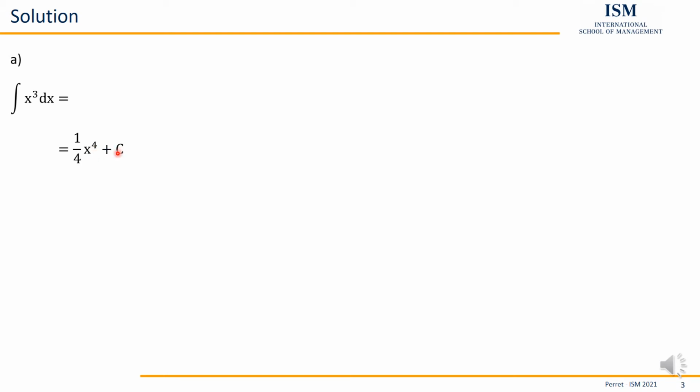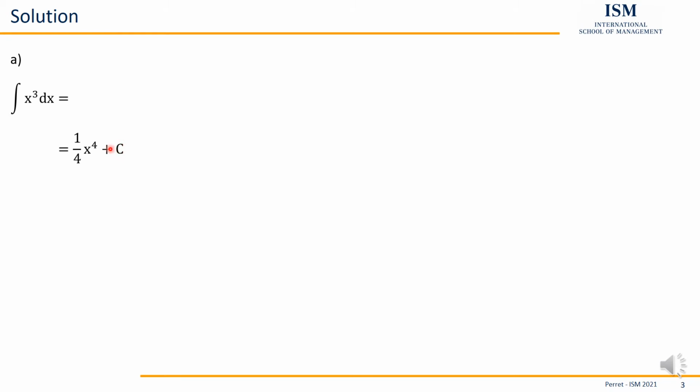Why the plus c? Because we can imagine the procedure here as if we were to take the derivative of this expression, we would have to end up at this function here. Well, if this is any type of number or constant, this actually would be eliminated by taking the first derivative.